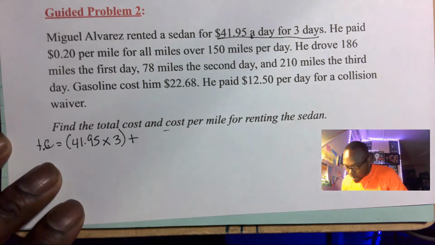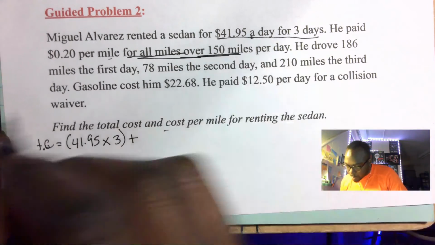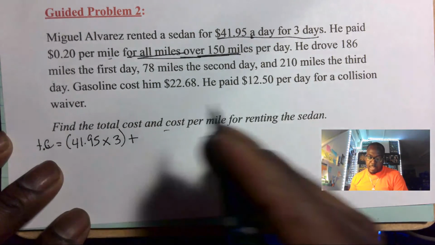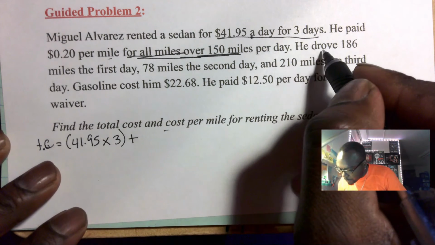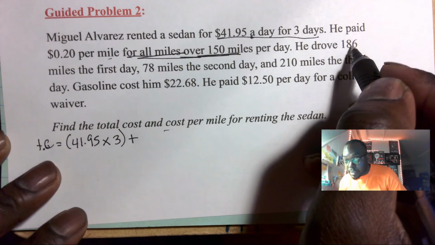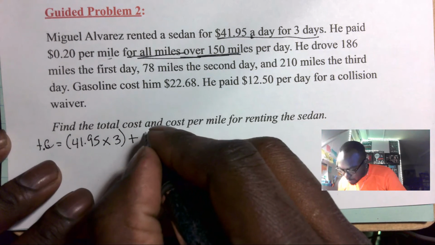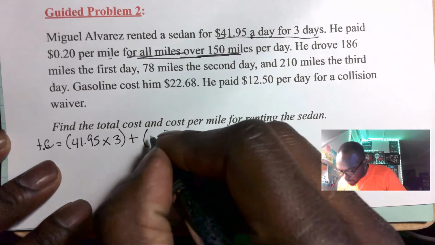So this is important here. It says all miles over 150. So we're going to have to figure out how many miles he's paying for. On the first day he drove 186 miles. If he drove 186, how much is over 150, which is 36.